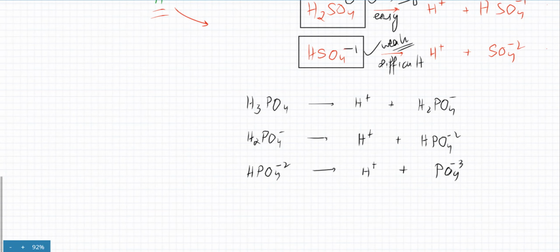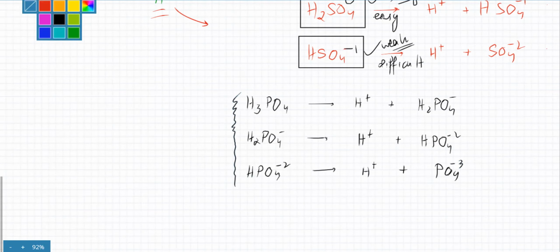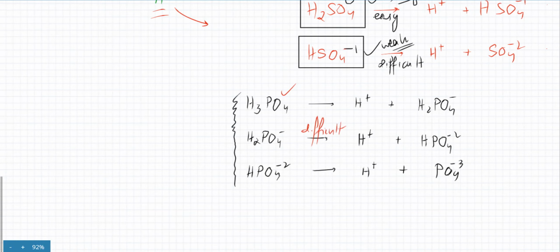So the thing is that the first dissociation is going to be very easy. No charge, easy to lose H+. The second becomes difficult. And why does it become difficult? Because it's now a negative ion. It's more likely to attract H+ rather than release it.